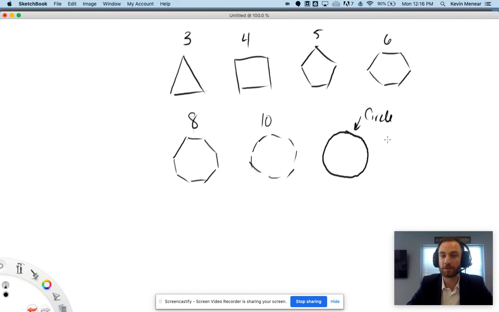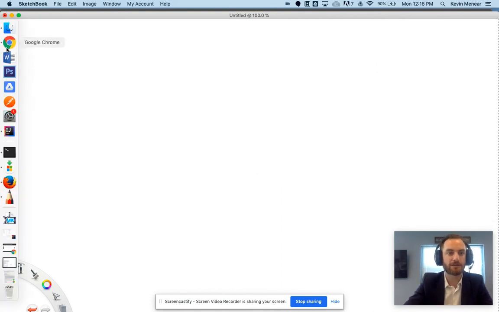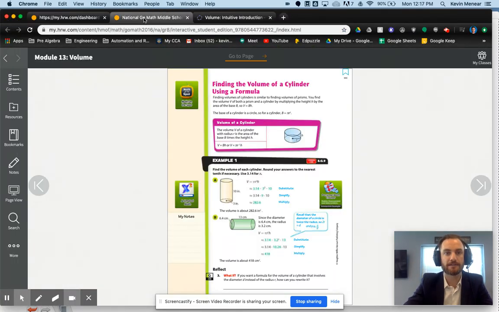So a regular polygon with an infinite amount of sides, the more sides you add to a polygon, the closer it approximates a circle. So in a sense, a cylinder is a circular prism. It's not a rectangular prism because the base is not a rectangle. It's not a triangular prism because the base is not a triangle. It's a circular prism because the base is a circle. So let's take a look at a cylinder in our book.